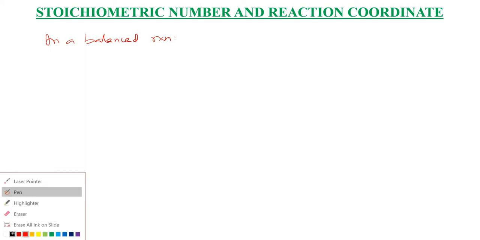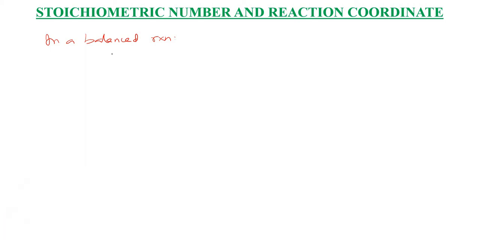So what is meant by stoichiometric number and what is reaction coordinate? Listen, suppose I take a balanced reaction. Let me change the color of my pen.